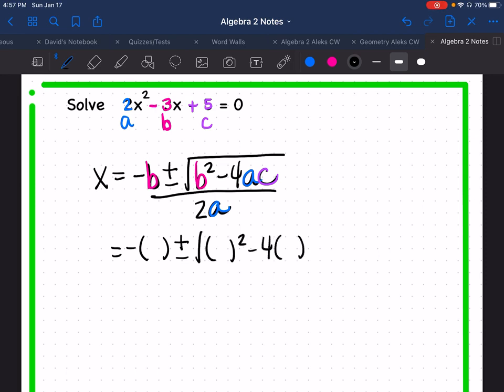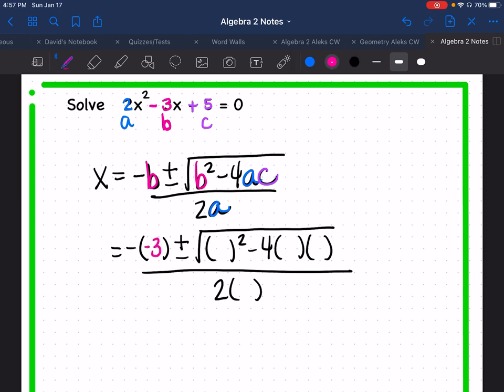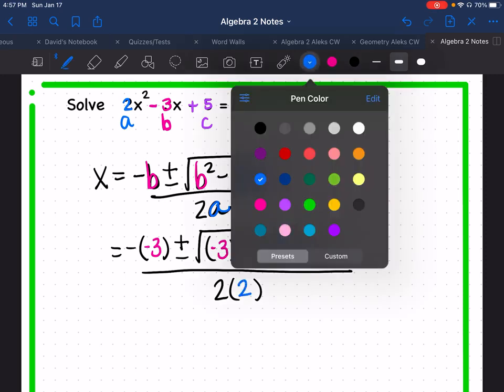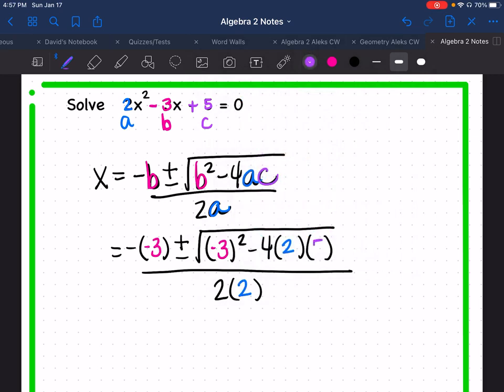I like to make my skeleton because it helps me put in my numbers faster. I'm going to fill it out as best I can in order. So there's my -3, because my pink B goes first. Then comes my A, 2, and of course the A goes again at the bottom. And then let's fill in our C, 5.